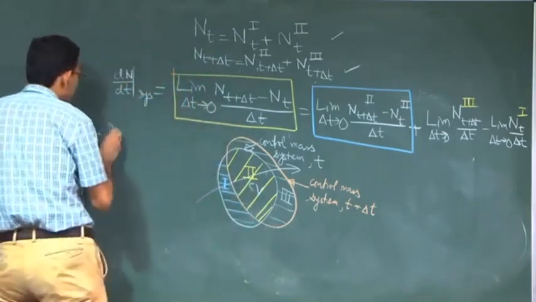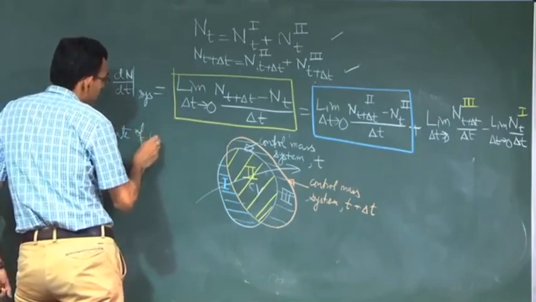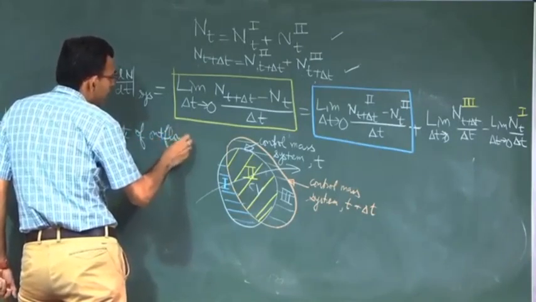So, plus rate of outflow minus inflow of the property.